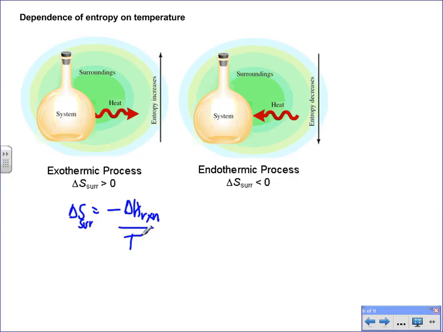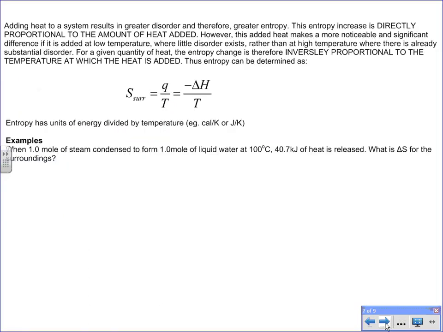This is because the entropy is going to be temperature dependent. The other enthalpy, which we studied previously, was not temperature dependent. It didn't matter what the starting temperature of the system was in terms of the amount of heat that was added. So we have this important relationship here.